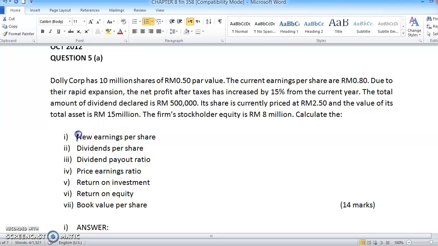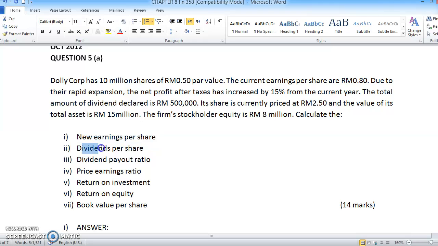EPS adalah berapa jumlah money yang company itu dapat earn atau dapat dia jana untuk setiap share yang dia keluarkan. So how much they could earn. Okay, ini akan didorong oleh jumlah sales dan profit yang dia akan dapat, right?